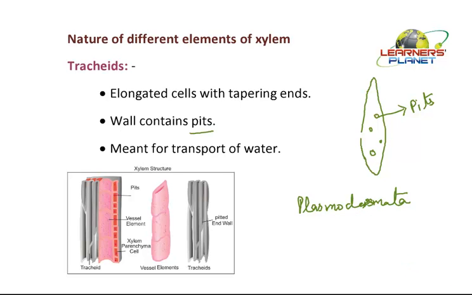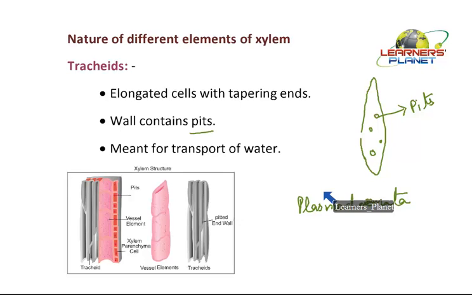The speciality here is that the walls of these tracheids, or these xylem tissues, are lignified. That means the cell wall has the deposition of a material known as lignin.